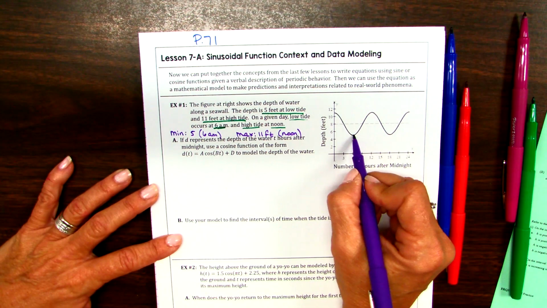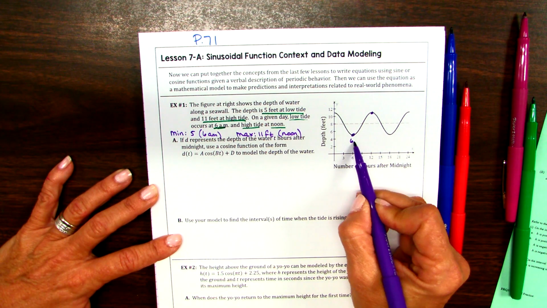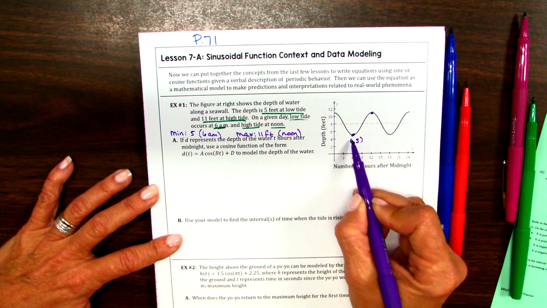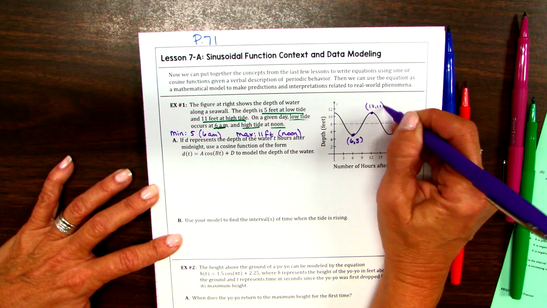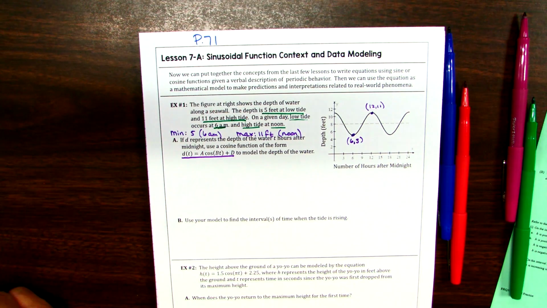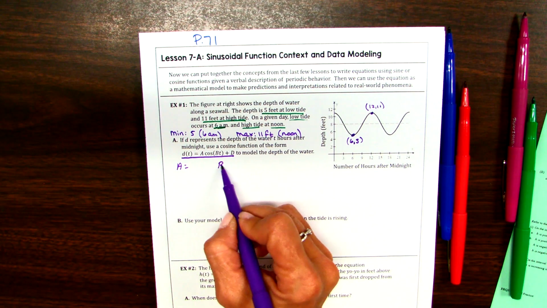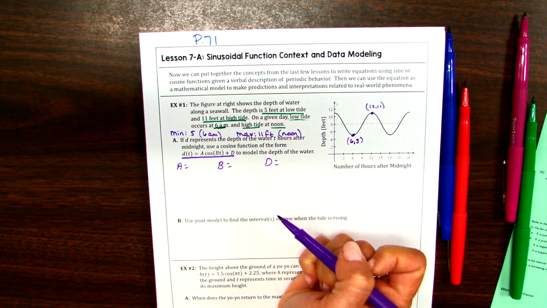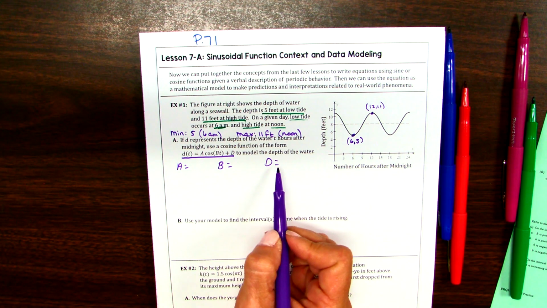And you can see there's a min, there's that max that we just talked about, 6 a.m. It was a height of 5 feet, and at noon it's 11 feet. It's already graphed for us. What we are tasked with doing is writing an equation of cosine in this form. And it tells us we need A, we need B, and we need D. So A is the amplitude, B we get from our period, D is the midline, right?